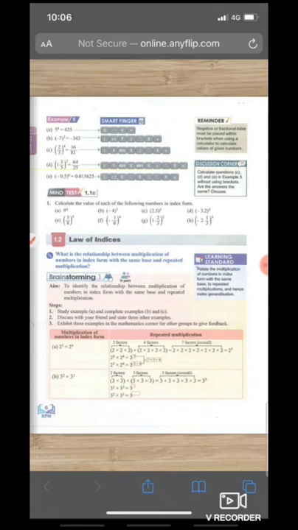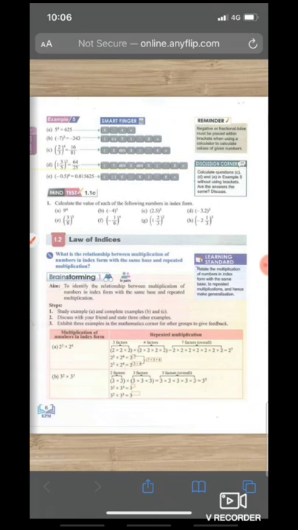So if you count all the 2s, you can get how many 2s there are, and then you get the answer. It is simple. For the law of indices in multiplication, you look at the base.